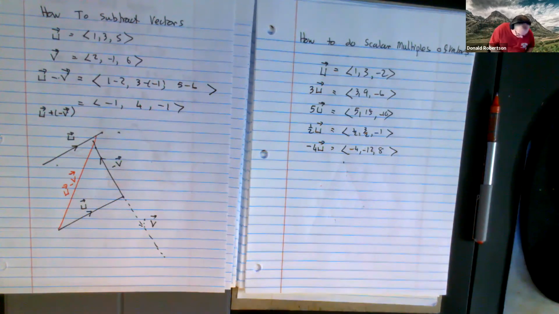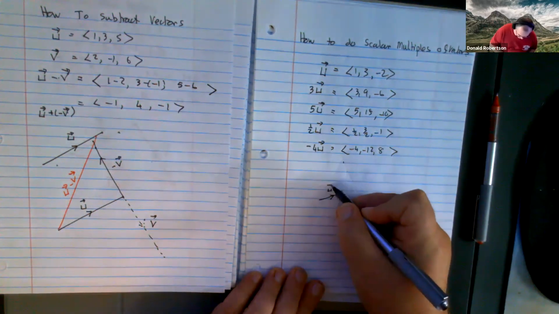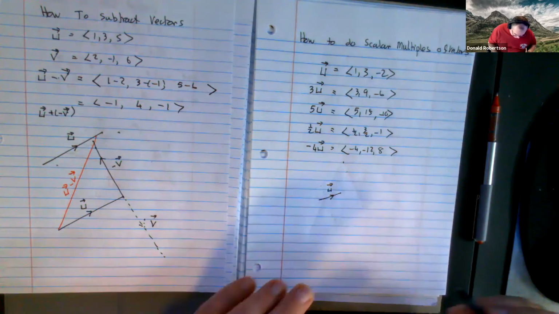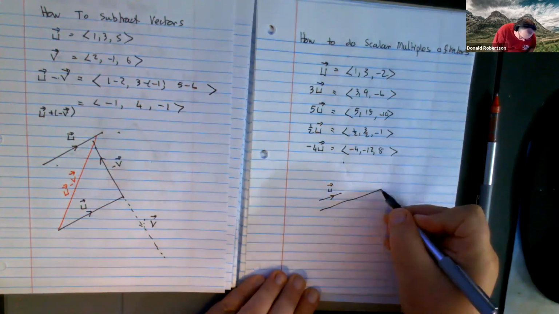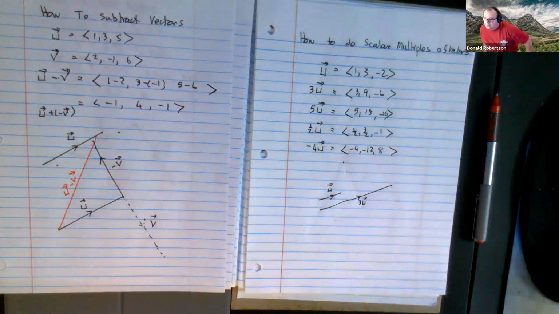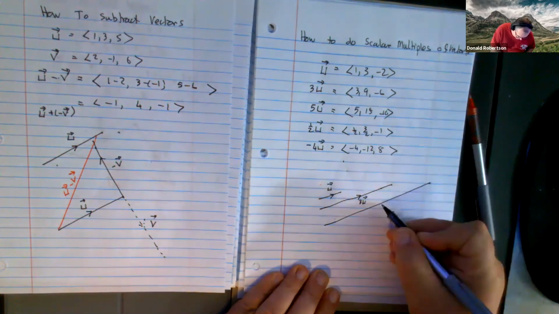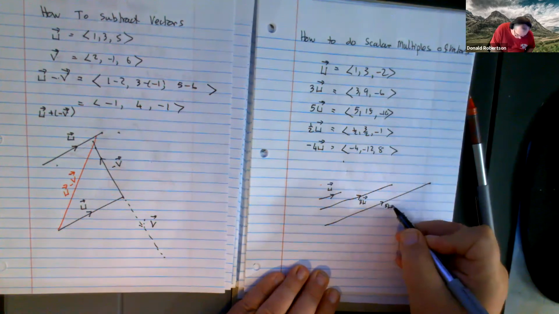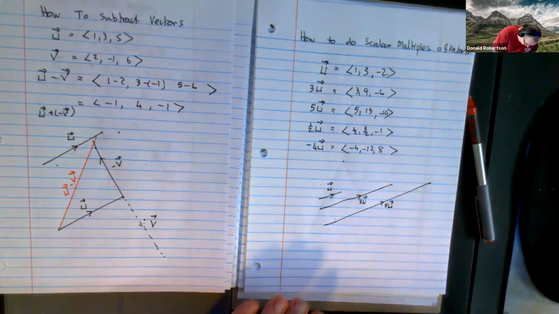Now, if you imagine this is my vector u, and someone said, what does 3u look like? Won't it just look the same, but 3 times longer? And wouldn't 5u just be the same? By the same, I mean parallel, same direction, but 5 times longer.